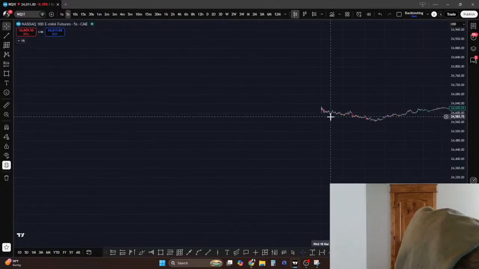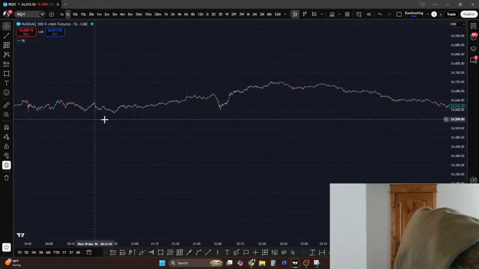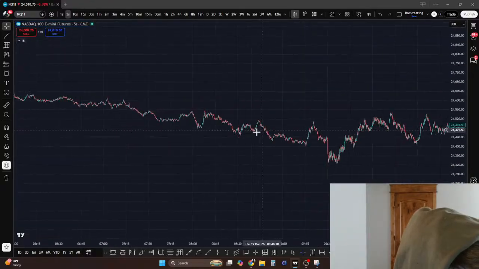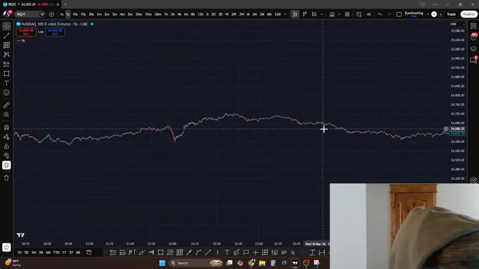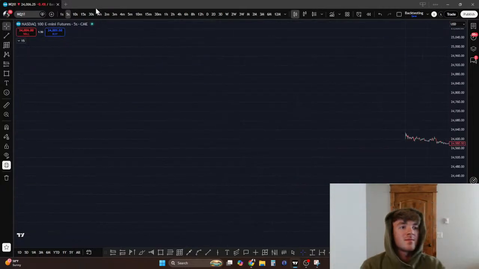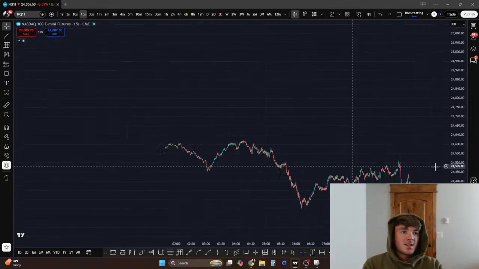That would be kind of cool. Got a lot of scrolling to do if we're going to get all the way back there. No, it doesn't show up. Dang it. That's kind of lame.